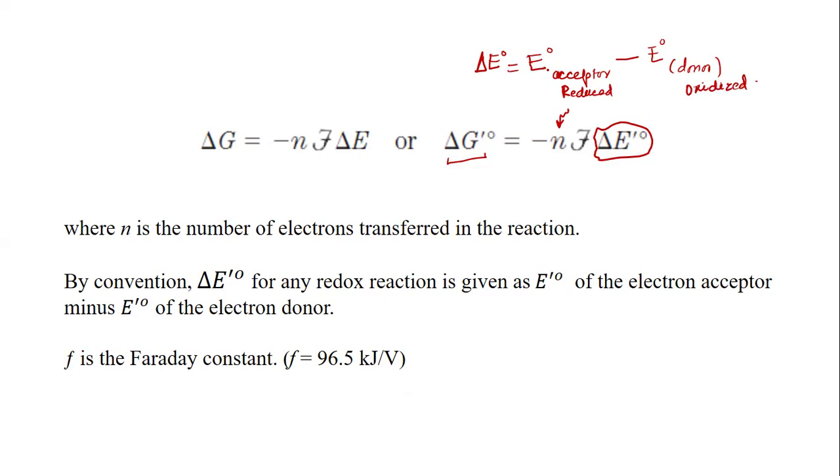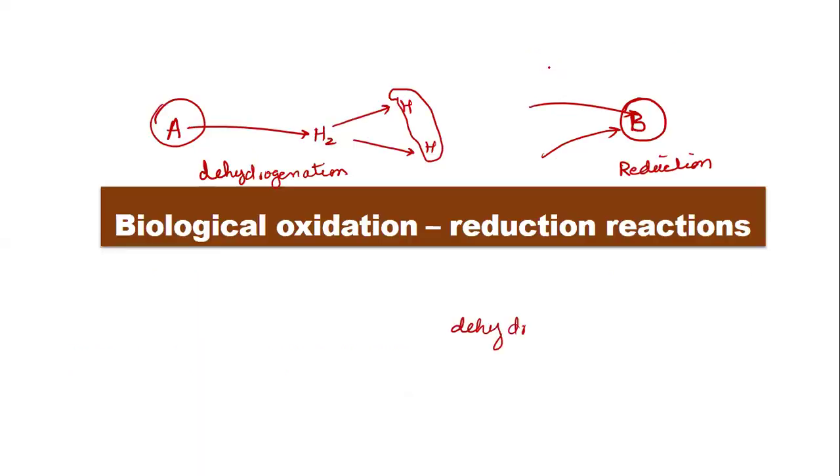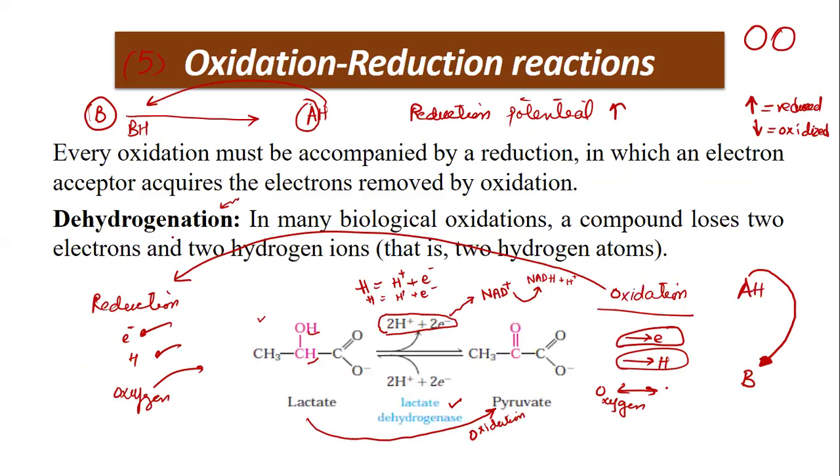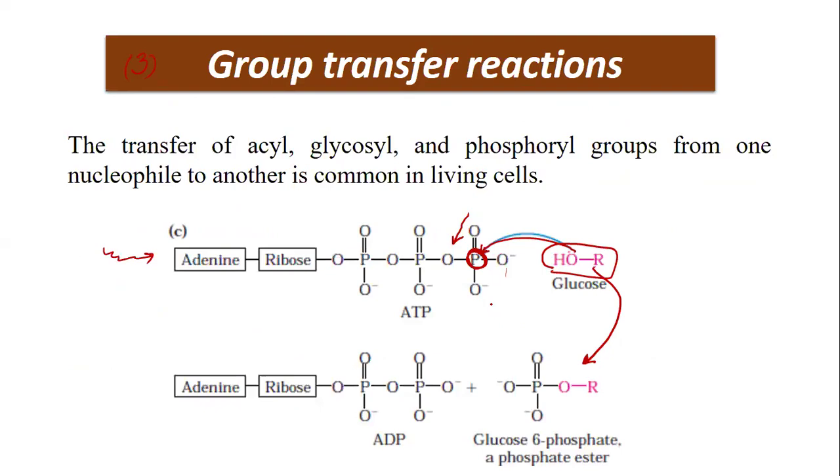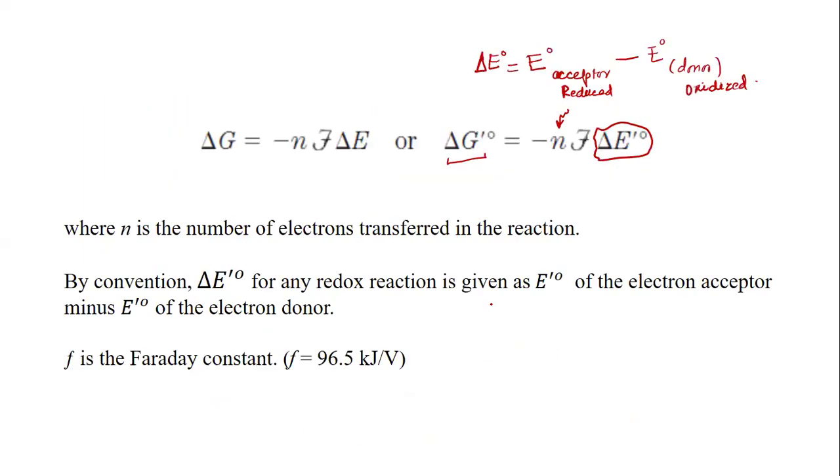In the previous case, lactate is being oxidized, so if I have the reduction potential of lactate, and NAD+ is being reduced, and I have the reduction potential of NAD+, I can put these values in this equation and calculate the value of delta E naught.